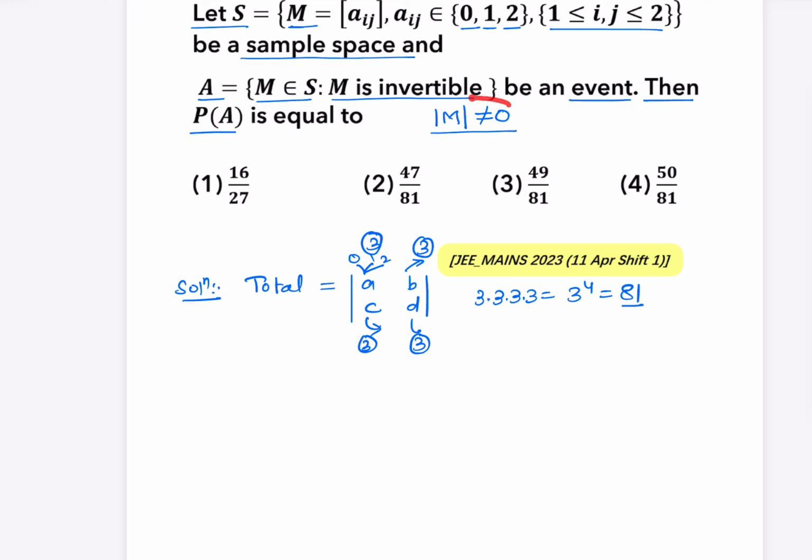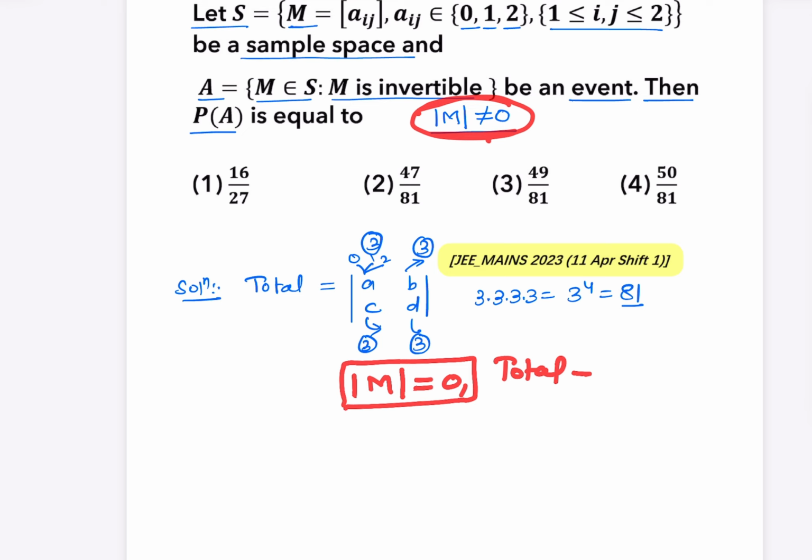Now we have to find those matrices whose determinant is not equal to 0. So first we calculate all those matrices with determinant value 0, and from the total we minus those with determinant 0, and divide by total. That is our required probability.